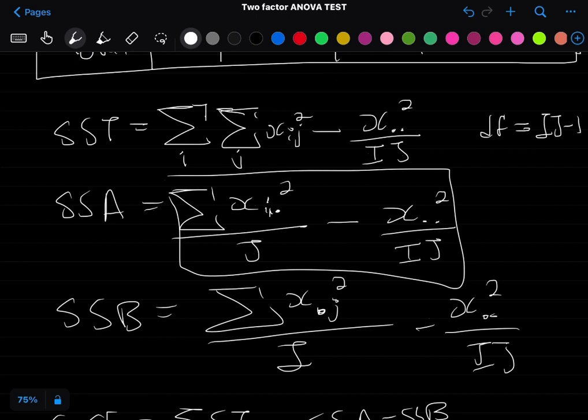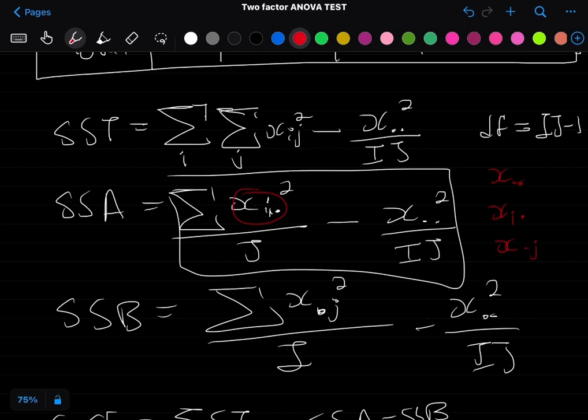So the grand total is this one. In this case it is squared. So our row sums are these ones, and our column sums are these ones.